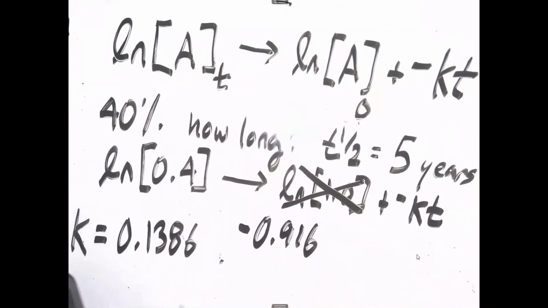That's natural log of 0.4, and that has to equal negative kt. And k is this, and the time is what we're going to find. So negative kt's got to equal this, and this is k. Okay, so we're just going to rearrange this right now.